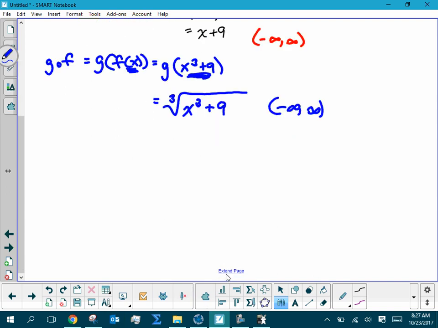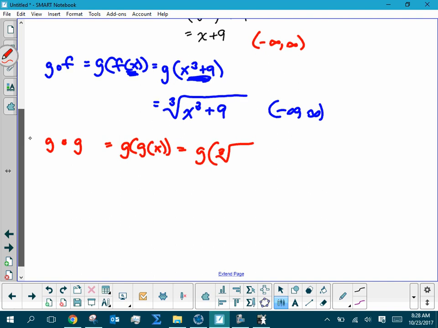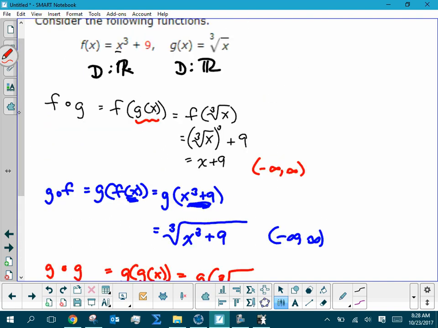Keep going through. They ask you to do g of g and f of f. So g of g is equal to g of x. Remember, g of x was the cube root of x.